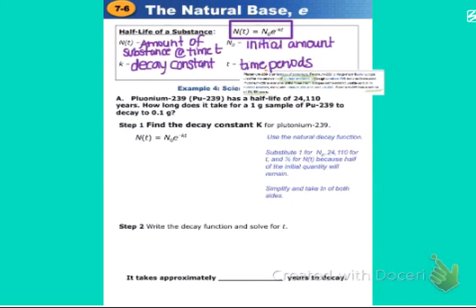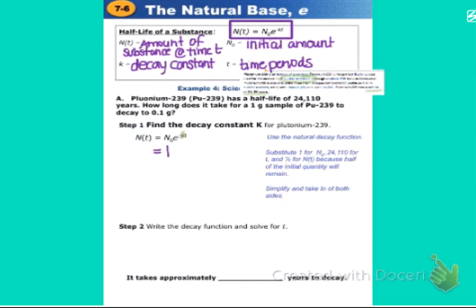So the first thing I have to do is find out what the decay constant is for plutonium. Following these steps, we're going to use this natural decay function, which was N of t equals N sub 0 times e to the negative kt power. And we are going to try to find this k value. So first we're going to substitute in 1 for N sub 0, because we're going to start off with 1 gram.